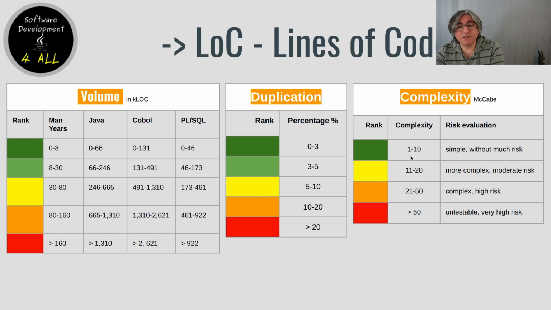Complexity similar, but I have seen different numbers, like 1 to 6 would be simple without risk, and then 6 to 10 more complex moderate risk, and so on and so forth. Suffice it to say, if you are going above 20, then to 50, then it's just complex and high risk, and above 50 is just unstable.